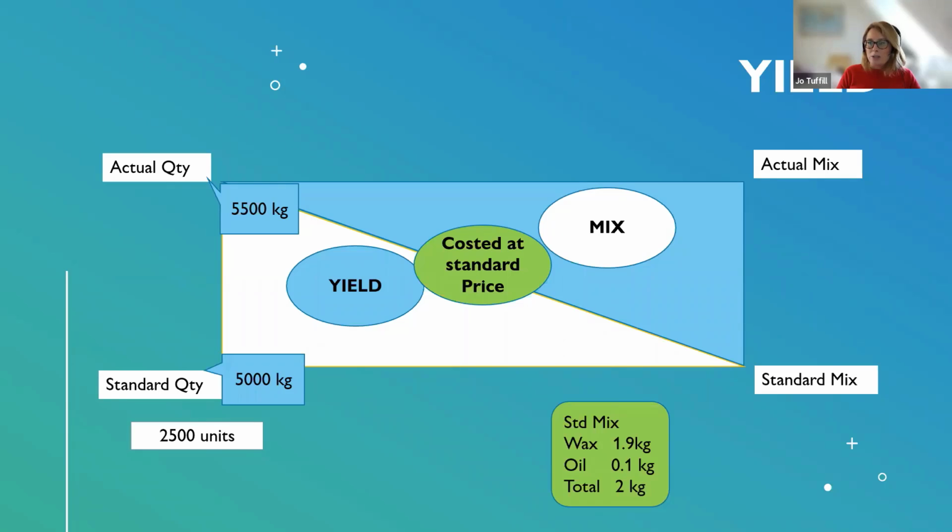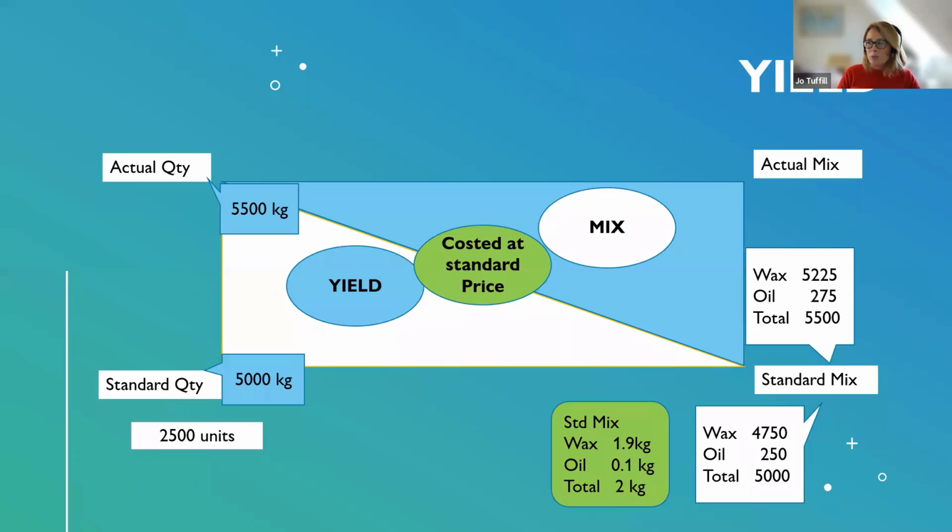So we need to do the standard quantity in the standard mix, which would be that. You times the 2,500 by 1.9 will get you 4,750. And the 2,500 units times 0.1 would get you 250. That's exactly what we should have used to make the 2,500 units.